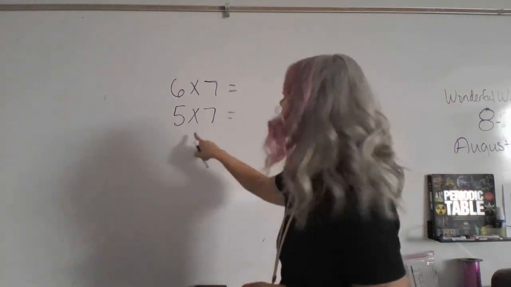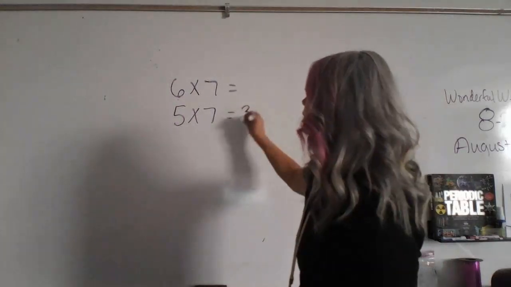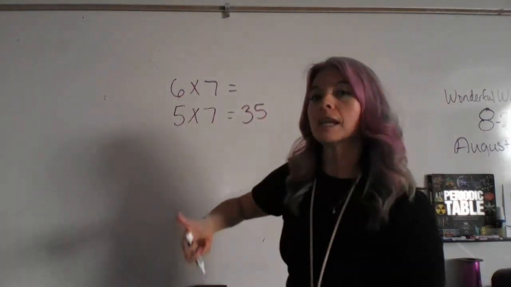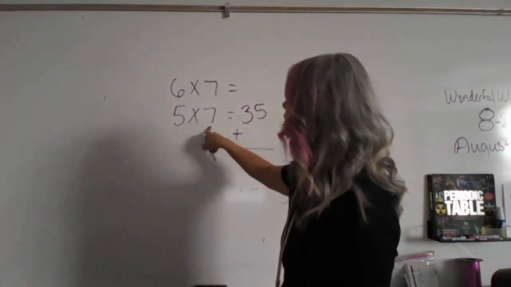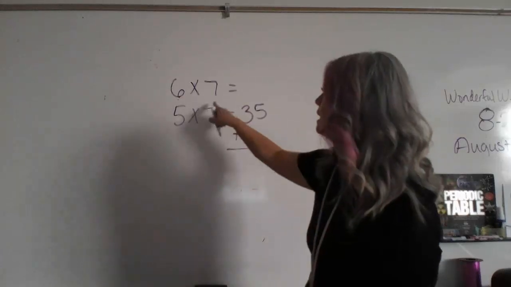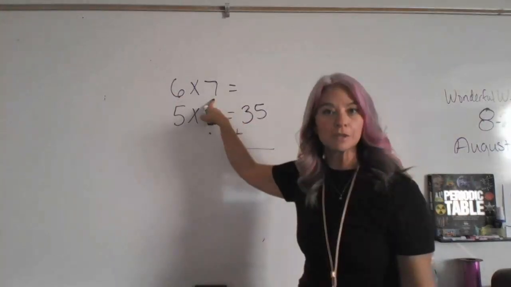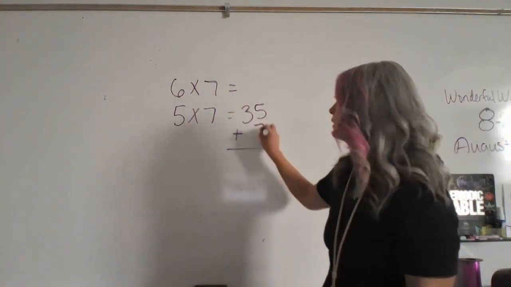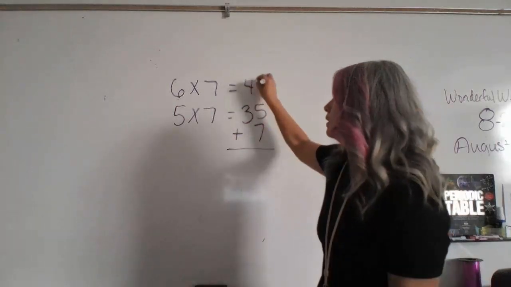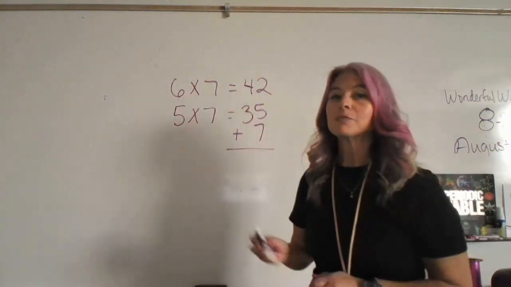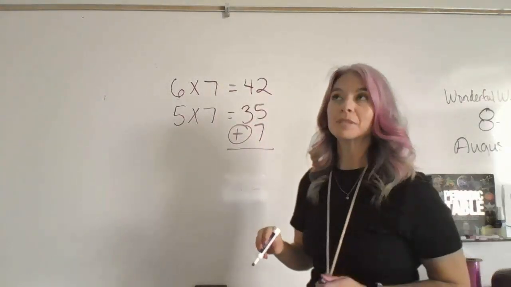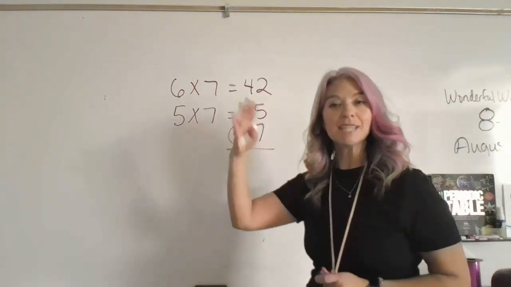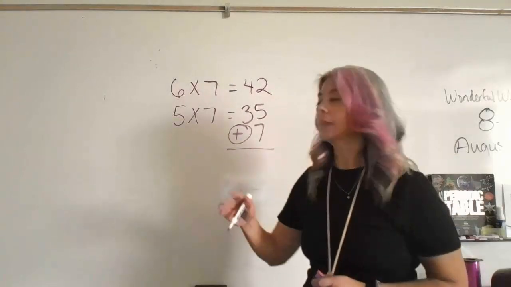This is my easy fact. 5 times 7 is 35, and this is called build up, so I am going to use addition. I add 7 more, so that one group is 7, and this is 42. This one's called build up because I'm adding. The one where I'm multiplying for my 9s is called build down because I'm subtracting.